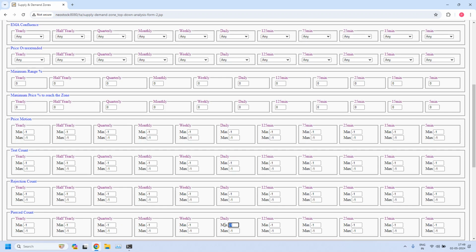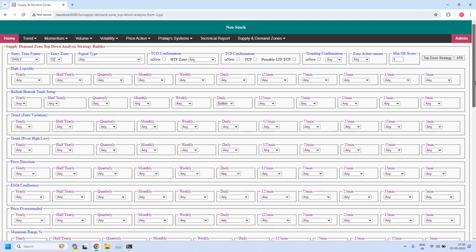Set minimum value 0, maximum value 0, which indicates pierced count should be 0. Pierced count 0 means the zone is not pierced. And this parameter is set to the demand zone, because you selected entry zone as a demand zone. So only for demand zone this filter will be applied. Any filters will be applied to demand zones.